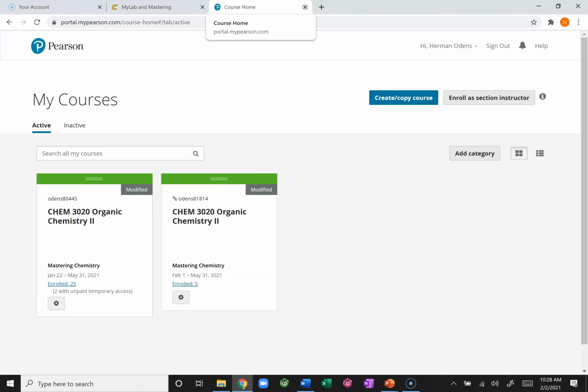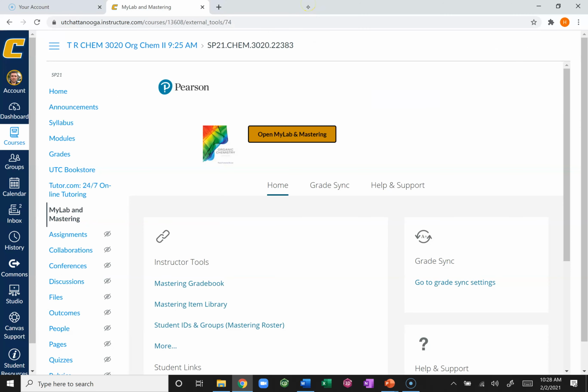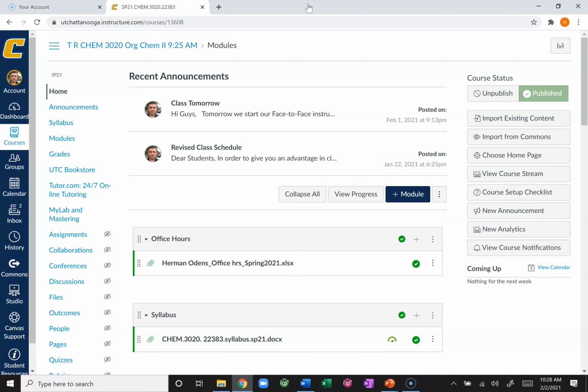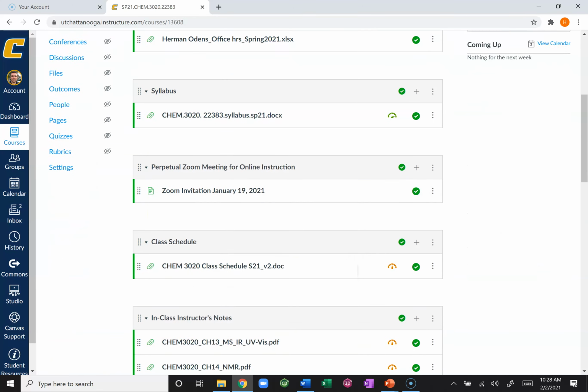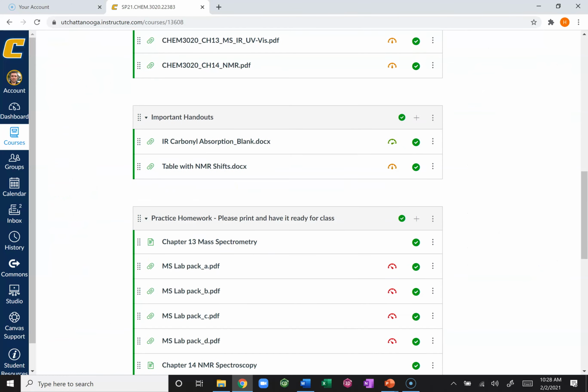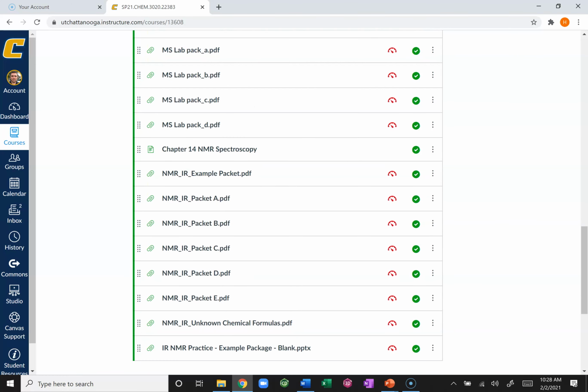Anyway, what I was thinking in terms of homework: if you do the packets that I sent you and show me proof that you did them, I think that's enough for homework. Let's do that for the first two homeworks, because you have a lot of stuff here. I'm going to go through some of the NMR IR example packets, but you have packets A, B, C, D, and E. Plenty of work for you.